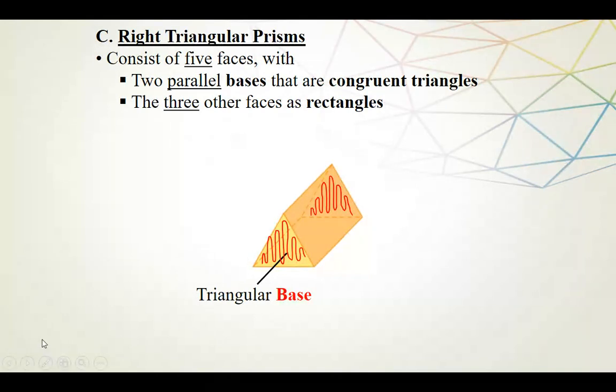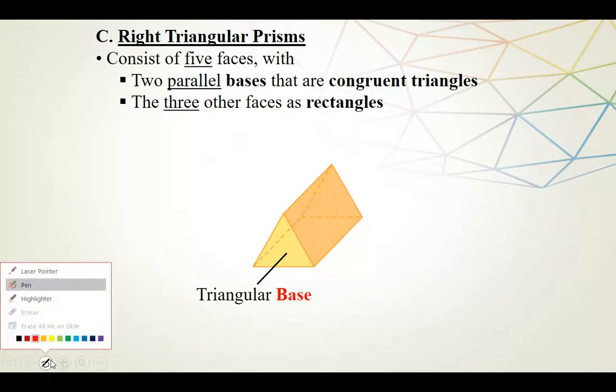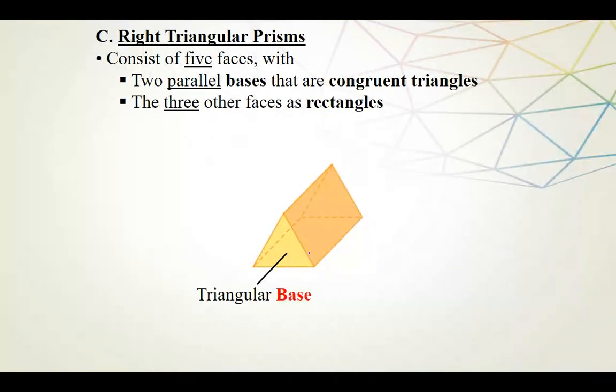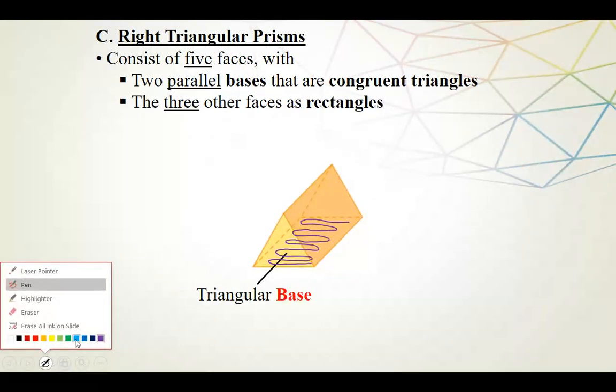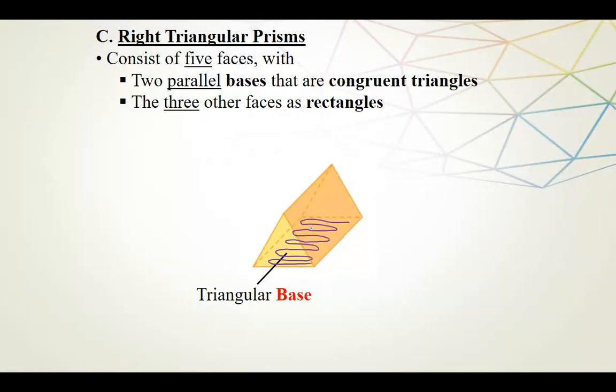I'm just going to erase what I've shaded in here, and I can show you those other faces. At the very bottom, we have one rectangular face. On the right-hand side of the triangular prism, we have another rectangular face.